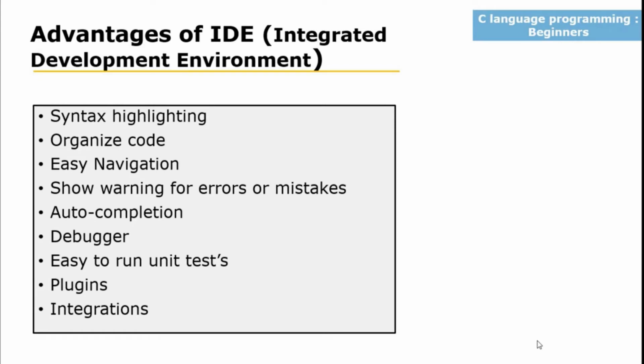Using an IDE, we can manage our project efficiently. That's why every developer makes use of an IDE. One more thing to note is that one IDE can be used for multiple languages, and for one language we can use multiple IDEs.